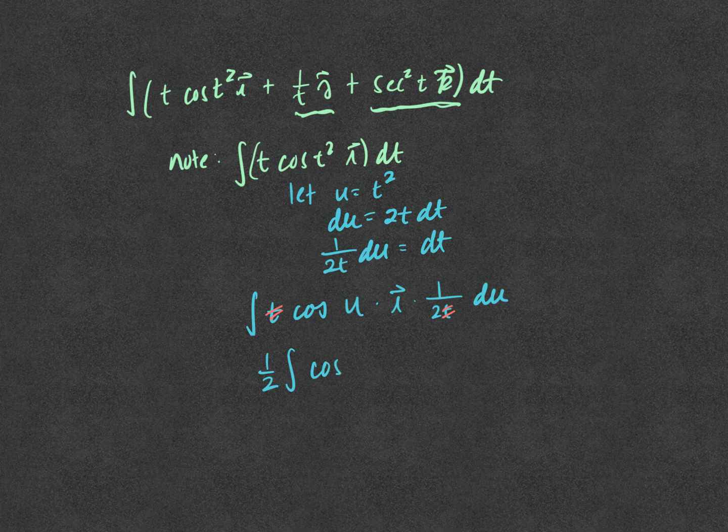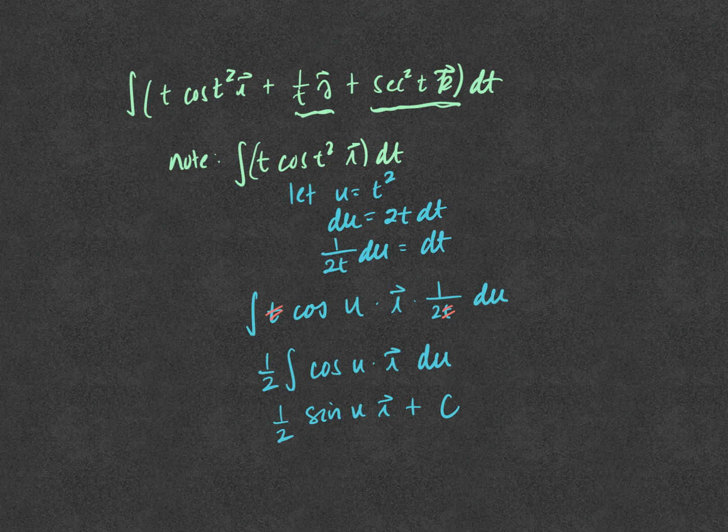And we have the integral of cosine of u, and let's say i du. Now the i is just representing the component there. So let's just leave it and bring it down. So we have 1/2, and when we integrate cosine, then we get sine of u, and here we have i, plus some vector c.